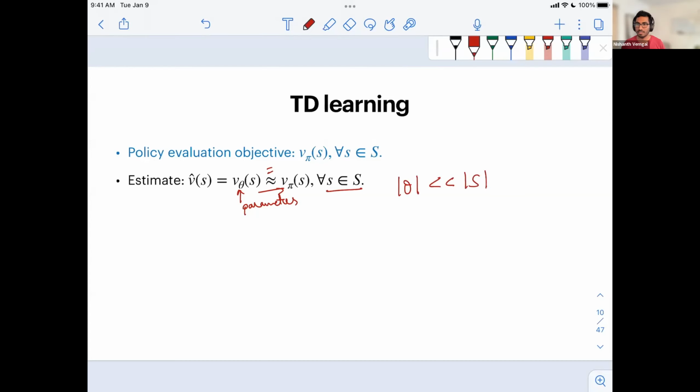So there are approximation errors that we can't hope to eliminate, but we can get closer to v pi of s depending upon how big our approximator is.